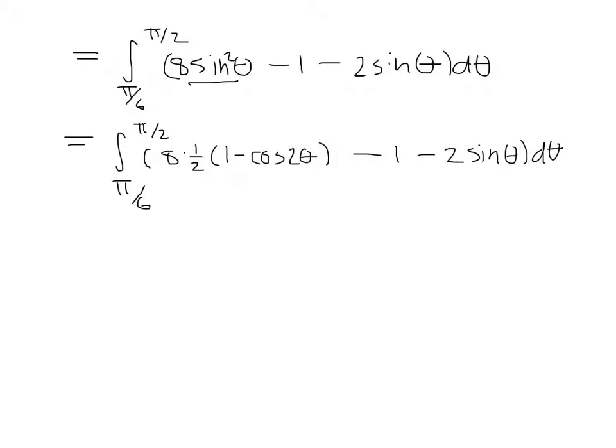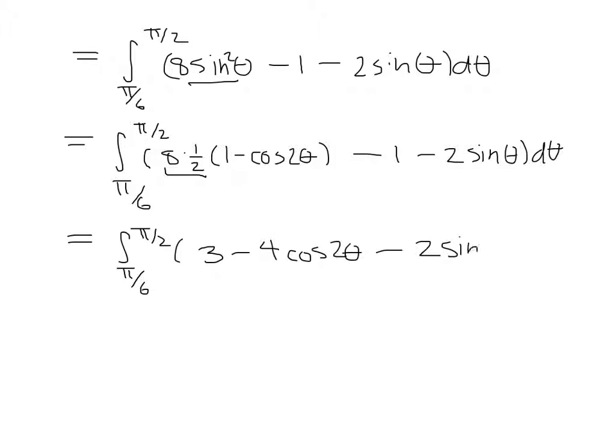And let's antidifferentiate everything. Well, let's simplify a little bit first. Pi/6 to pi over 2. Okay, that 8 times 1/2 will give us 4. 4 minus that one will be 3. Minus 4 cosine of 2 theta minus 2 sine of theta. And by now you're thoroughly sick of trig functions. So, 3 theta.